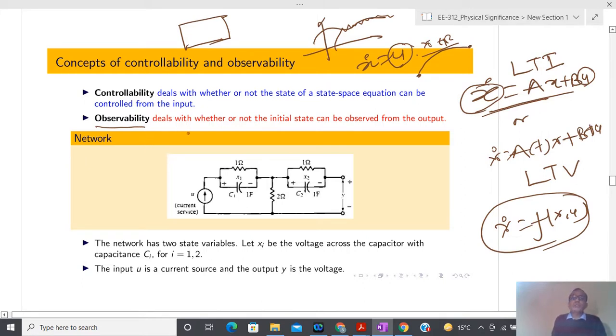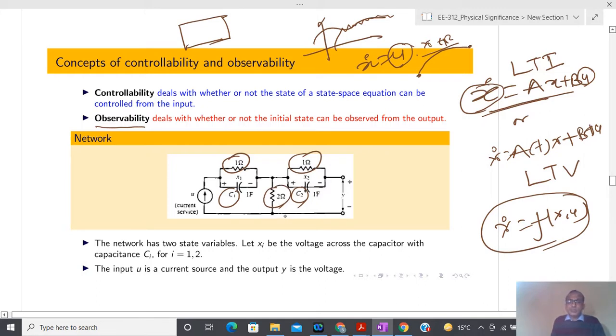These two notions are very important whenever we are dealing with any system theory or control system design. Let us see a very simple example. Here I have a current source, a capacitor, and a resistor. Here I have a similar kind of situation: the resistor is the same, and the capacitors are C1 and C2, with one resistor here.